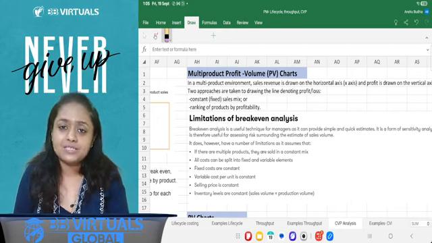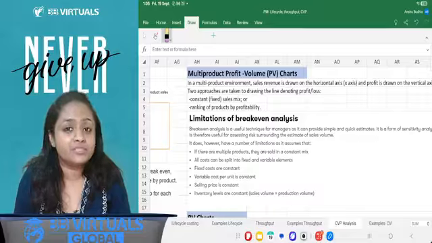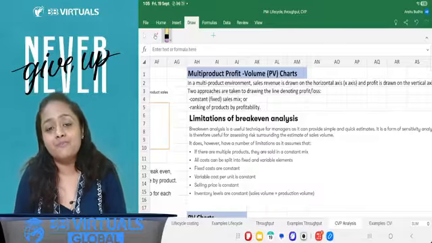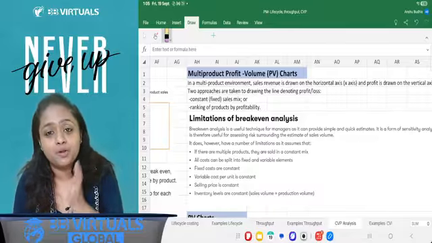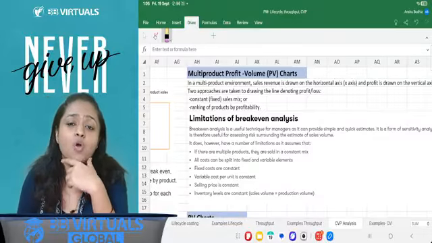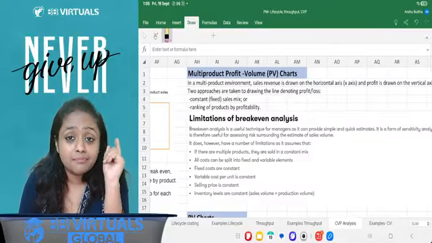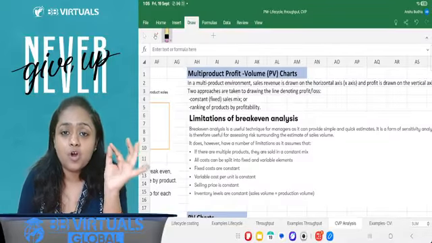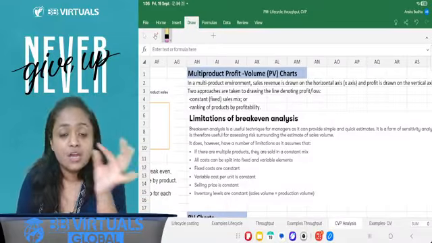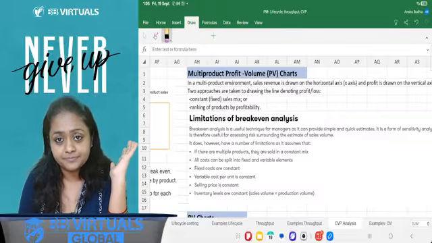Okay, now likewise we had the PV charts prepared for a single product. We will have PV charts prepared for multiple products also. You will say, ma'am, how would we prepare it? So guys, remember, calculate the contribution per unit for individual products.